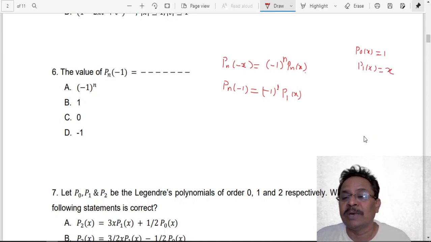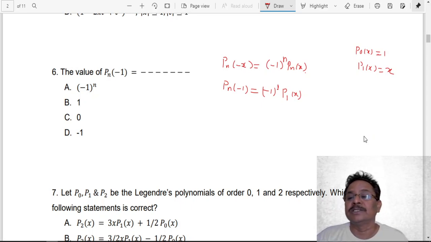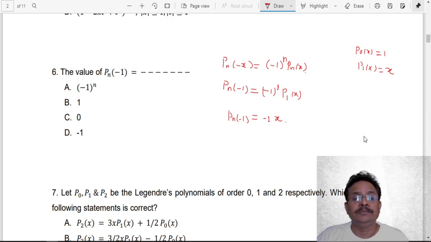So writing this value, I'll get Pn of minus 1 is equal to minus 1 raised to 1, which is minus 1, multiplied by x.